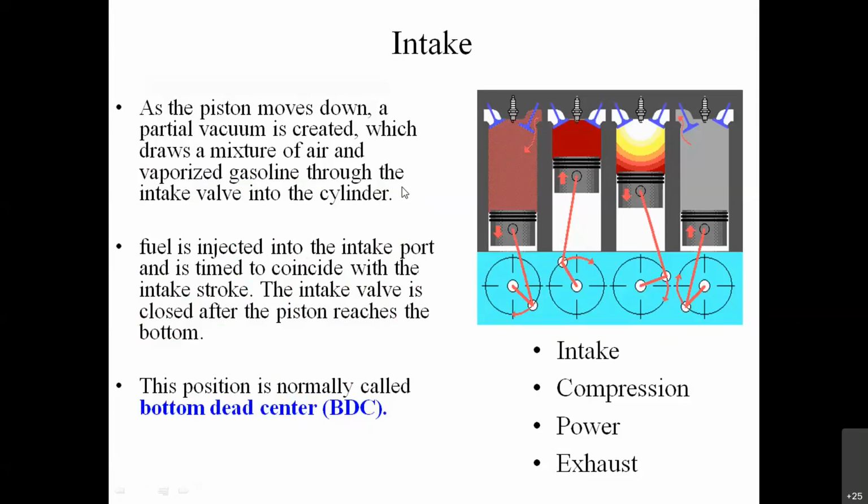The air-fuel mixture is taken into the cylinder until the piston reaches the bottom dead center, which is the end of the intake stroke. To move the piston from top dead center to bottom dead center, the crankshaft rotates through 180 degrees.